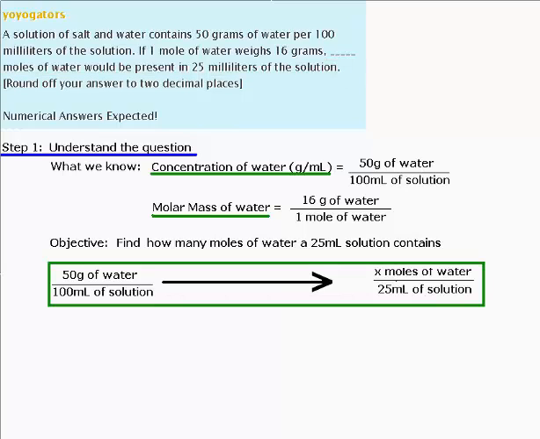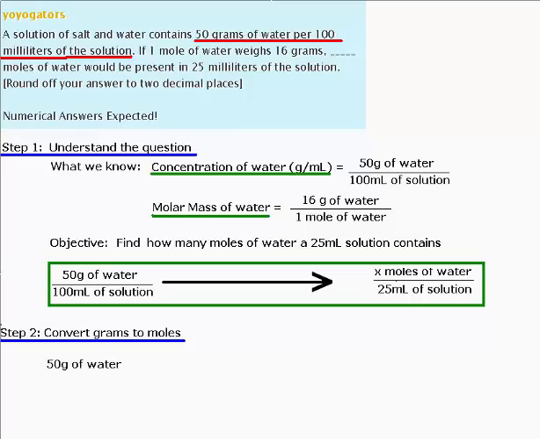Now that we understand the goal of this question, we can move on to step 2, which requires that we convert grams to moles. The question tells us that we're dealing with 50 grams of water per 100 milliliters of the solution. But let's focus only on the 50 grams of water to simplify things, and then we can always go back and deal with the milliliters of solution.